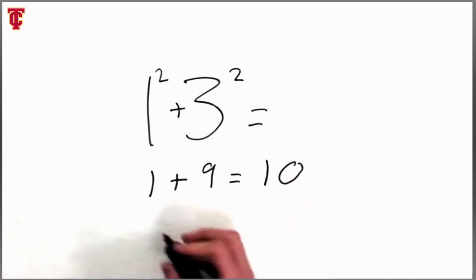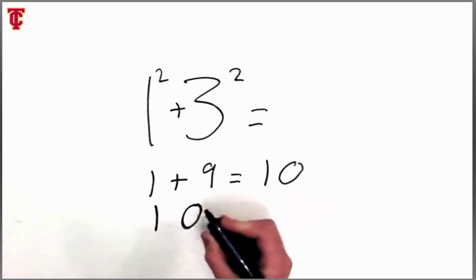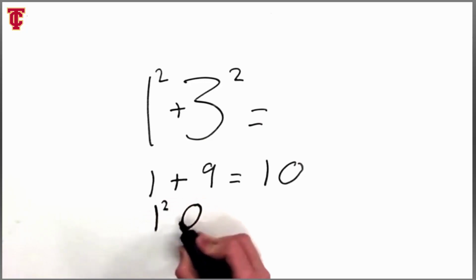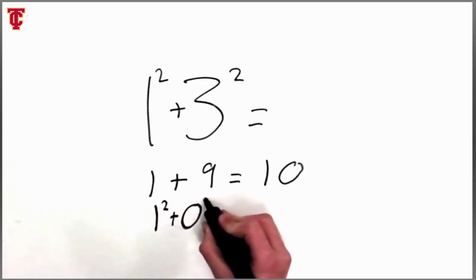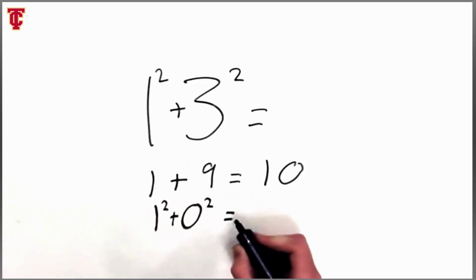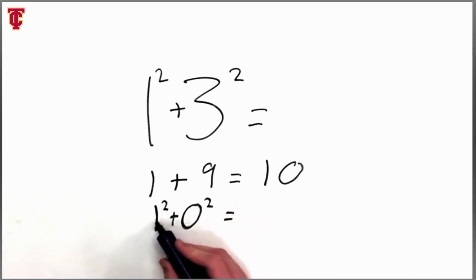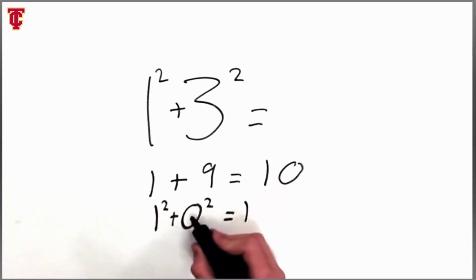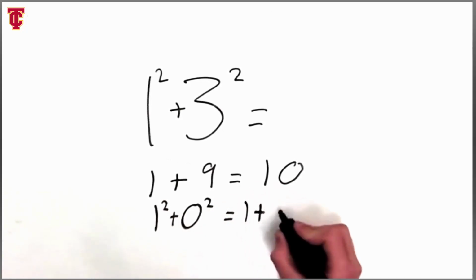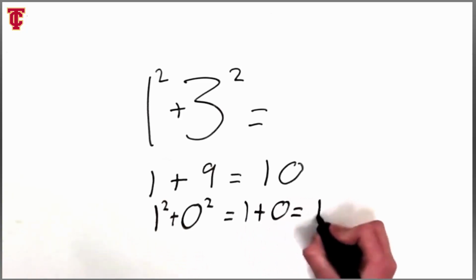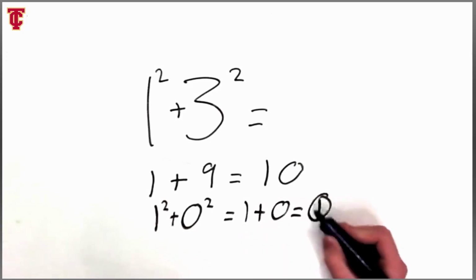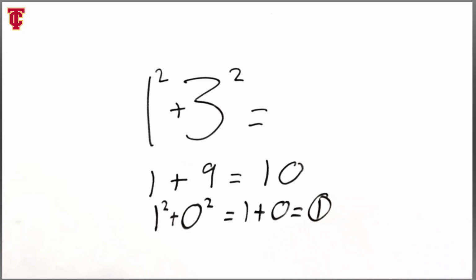Now we take the 10 and square 1, and add it to 0 squared. 1 squared equals 1, plus 0 equals 1. So 13 is a happy number because once we square the digits, eventually we get back to 1.